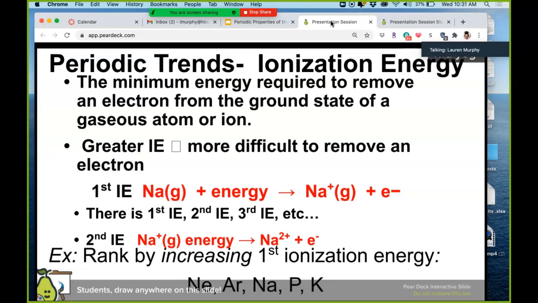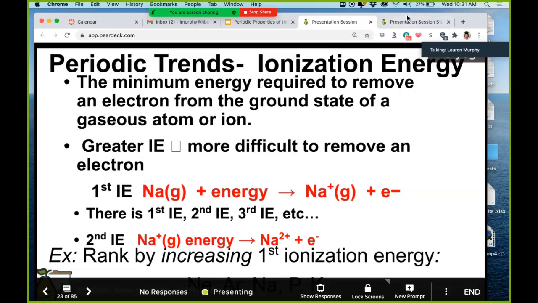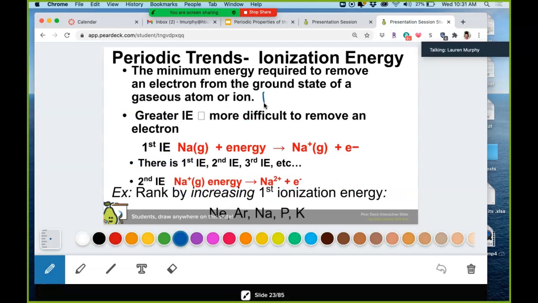Okay. So that was atomic and ionic radius. So now we're going to do ionization energy. Ionization energy is the amount of energy required to remove an electron. So we're trying to remove electrons. The reason why it's called ionization energy is because when you remove an electron, you create an ion.